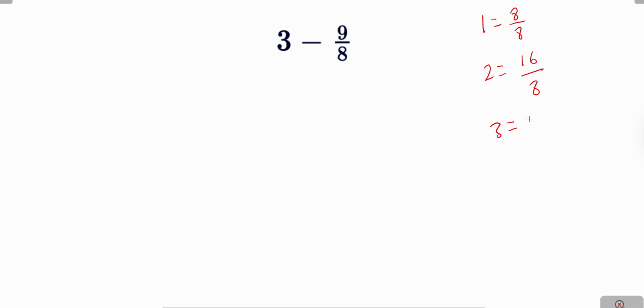And 3 wholes is going to be 24/8. So this 3 wholes is going to become 24/8. And I'm going to take away 9/8. All right. So 24 minus 9, 15/8. All right. So that is our answer.